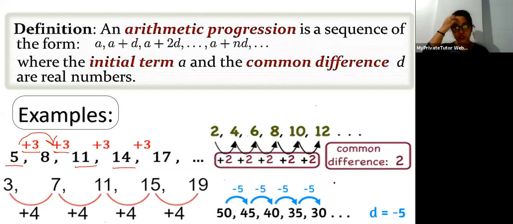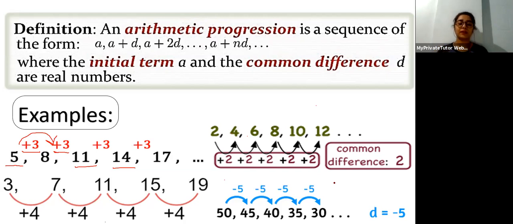In the previous question the numbers were getting added each time, but this time it's getting subtracted. The difference between the first and the second term is -5. So 50 minus 5 you get 45, 45 minus 5 you get 40, 40 minus 5 you get 35, 35 minus 5 you get 30.